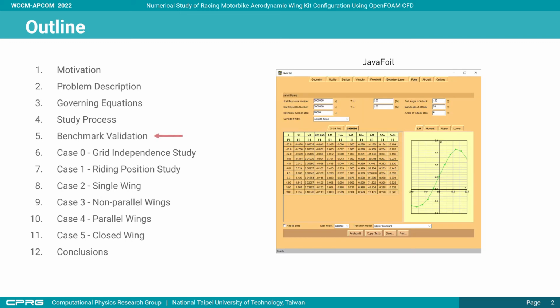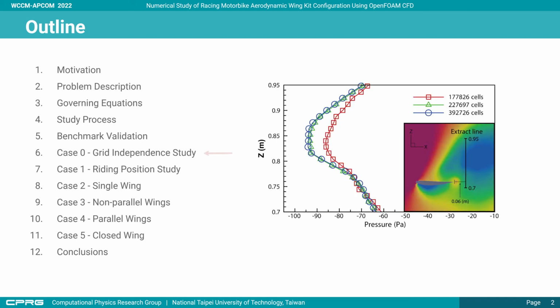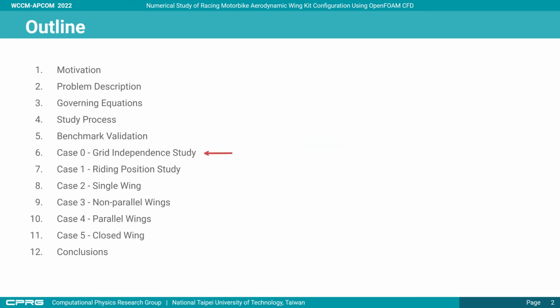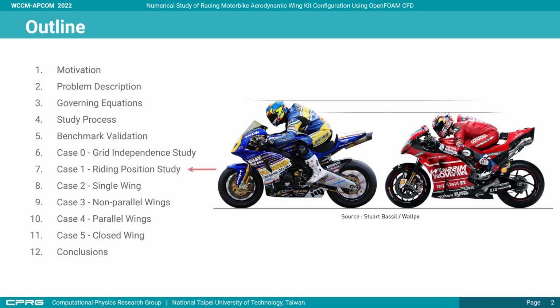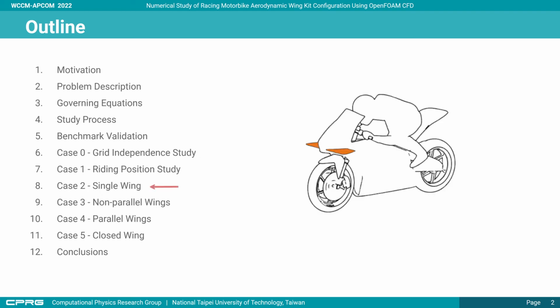Initially, we used a Joukowski foil as the benchmark to prove the usability of the CFD toolbox OpenFOAM. Then we studied the grid independency to confirm the mesh quality. In case 1, we compared two riding positions of riders and applied the one with lower drag as the basic geometry. Case 2 studies the single wing.